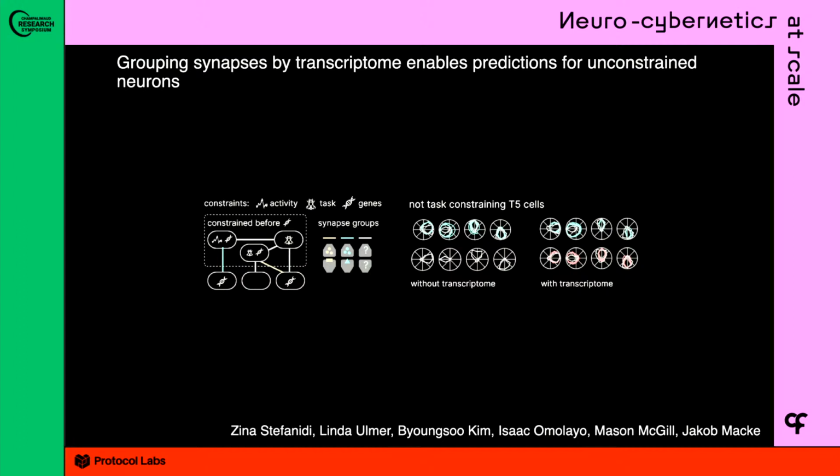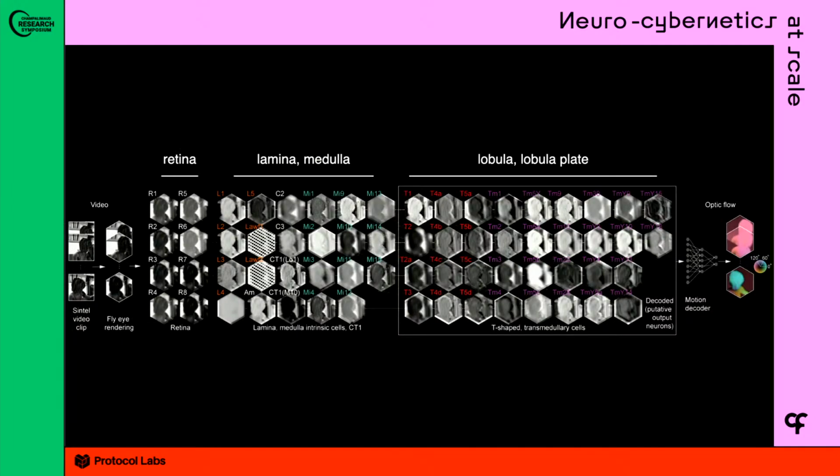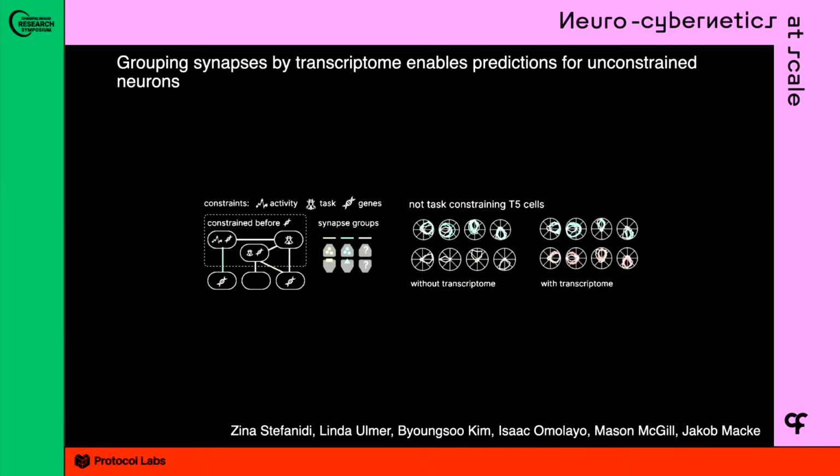We're also integrating transcriptomes, looking at the transcriptome of the receptors, the precise receptor subtypes that are used, and then grouping synapses into types based on that. And with the transcriptome, that actually improves performance. And the cool thing is, it improves performance even for neurons that were not task constrained.